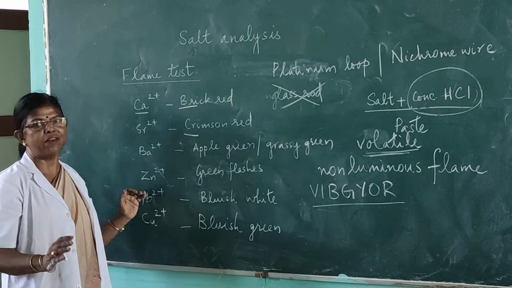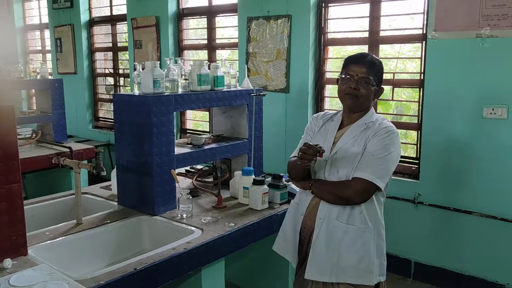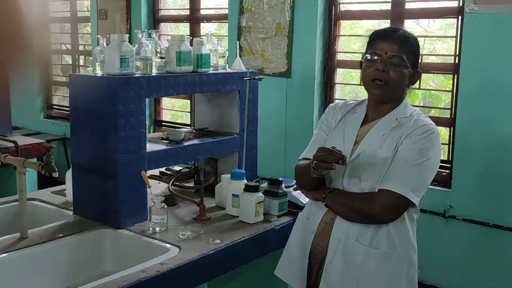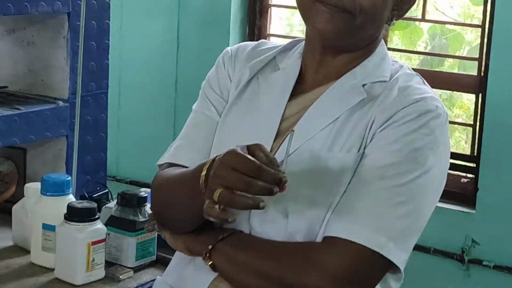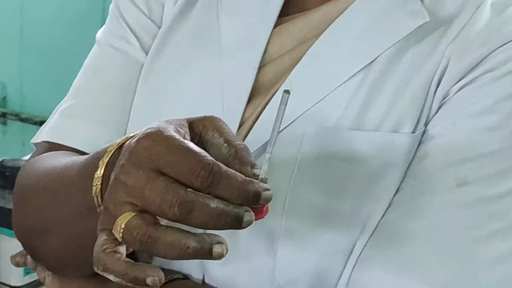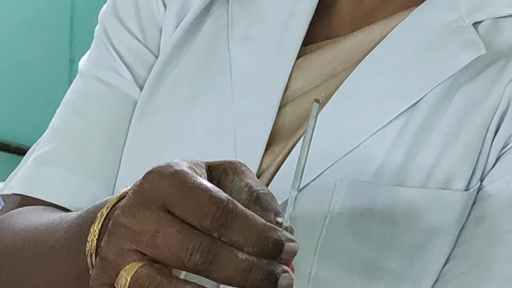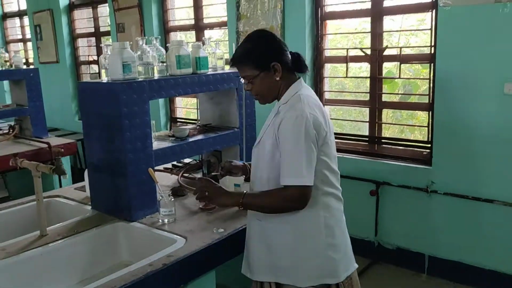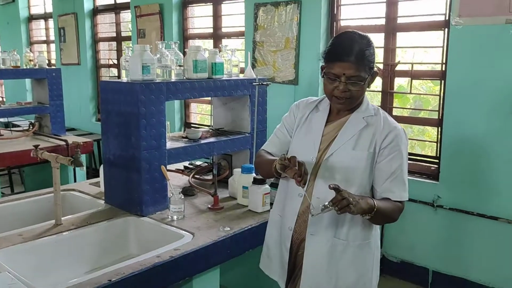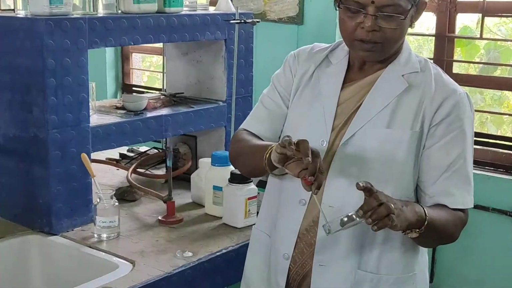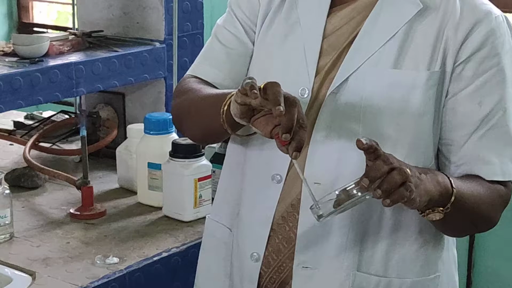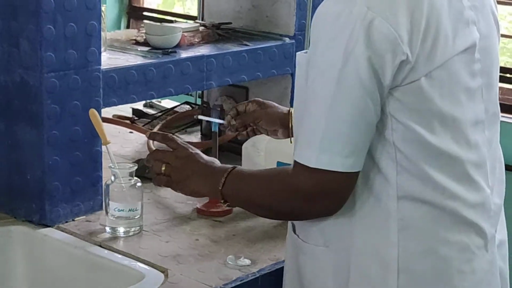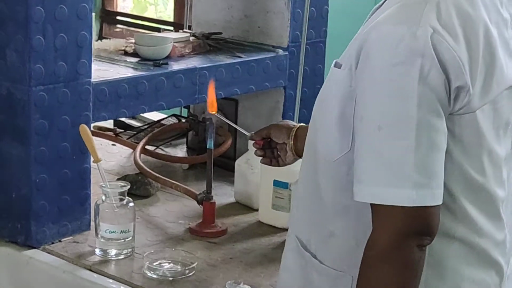Now let's get to the flame test. Here is the platinum wire. You can see a loop at the end of it. First I am going to clean this platinum wire. I dip the platinum wire in concentrated HCl and show it to the flame.